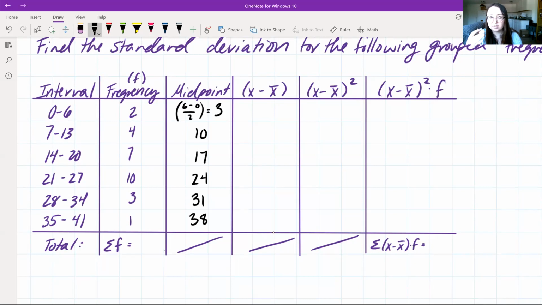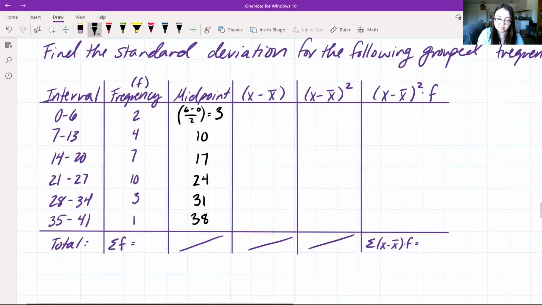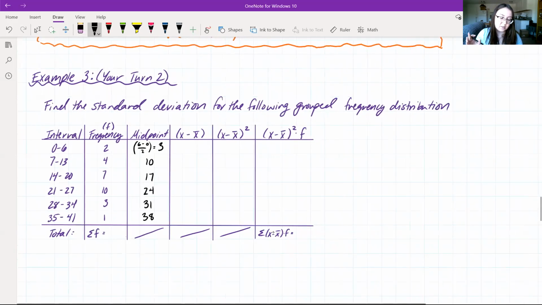Now, our next column here is going to be our deviation from the mean. This is that x minus x bar. Remember, we're taking our midpoint, and we have these midpoints here, but we don't have an x bar. We don't have a mean yet.